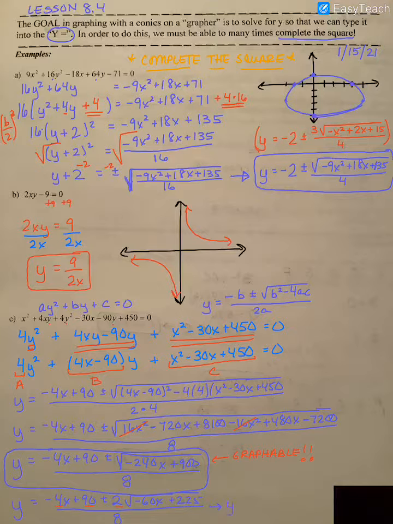So I can say y equals, divide everybody by 2, negative 2x plus 45 plus or minus, and now you can just write your radical, negative 60x plus 225 all over 8 divided by 2 is 4.